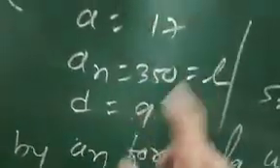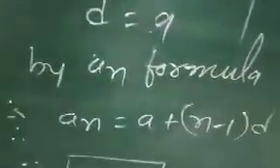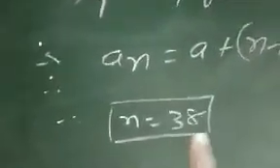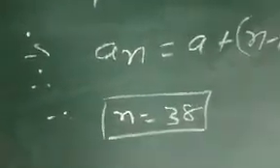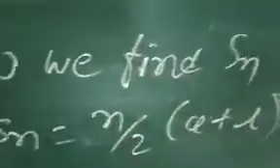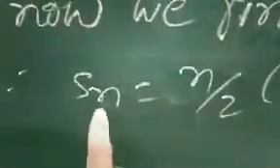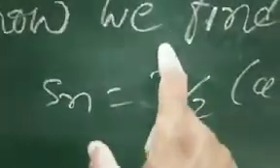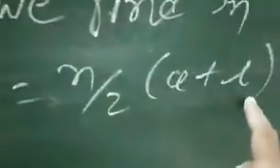Now you put all these values in this formula and try to get n is equal to 38. After then, now you find Sn. By the Sn formula, Sn is equal to n upon 2 into bracket a plus l.